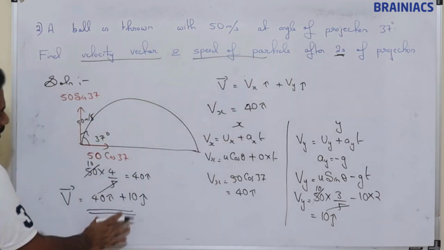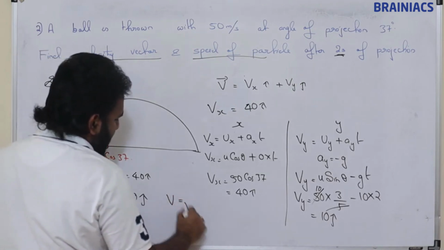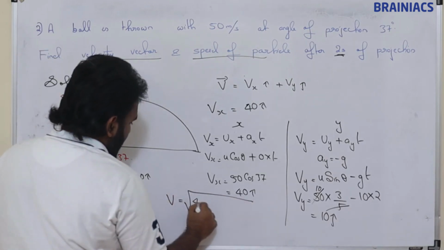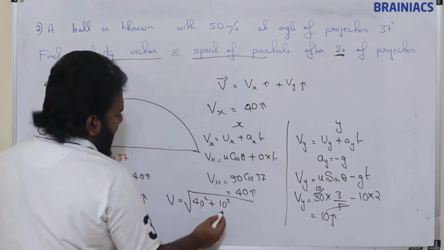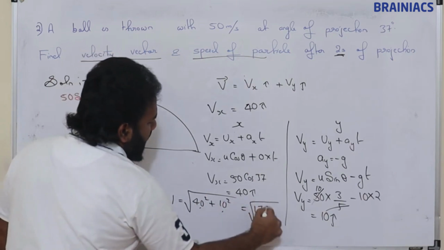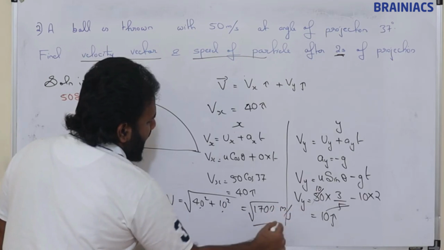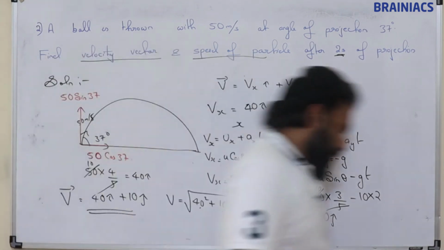Speed means not the vector but the magnitude of this. So speed is nothing but root of 40 square plus 10 square, that is 1600 plus 100, which is 1700. So it is root of 1700 meter per second. This is the speed. Okay, note it down.